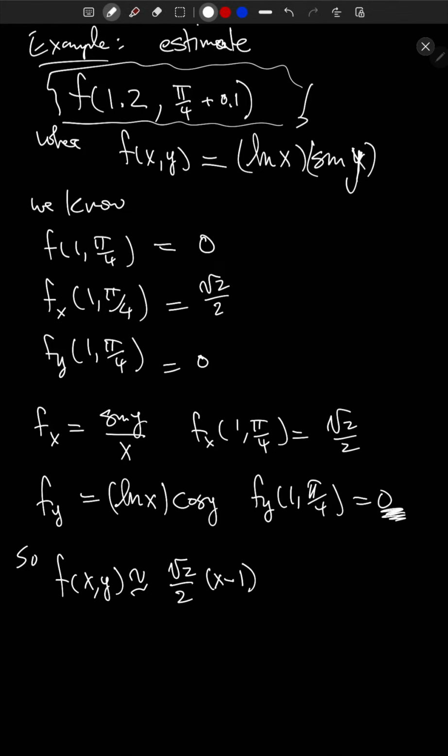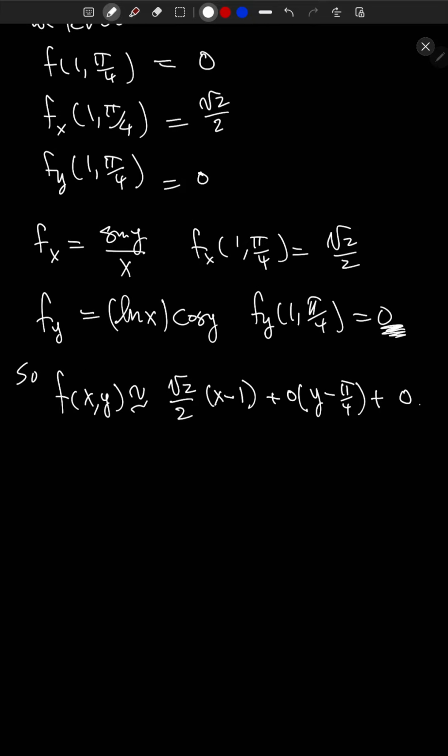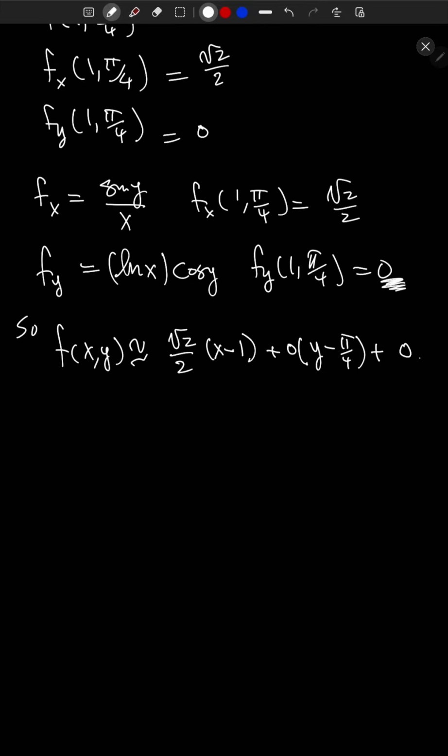Because again, what we would have called the base point in single variable calculus is 1 comma pi over 4. Plus 0 times y minus pi over 4, and then plus f of 1 comma pi over 4, which is 0, okay? And so f of x comma y is approximately root 2 over 2 times x minus 1, which again is perfectly legal, right? It can be simple.